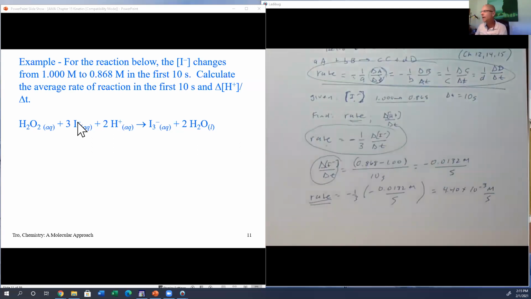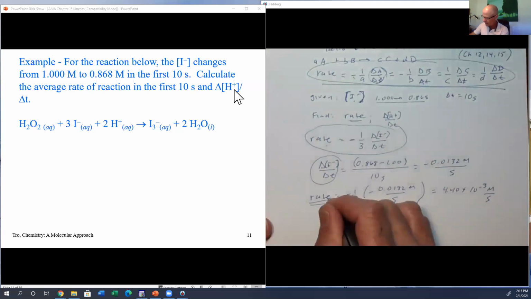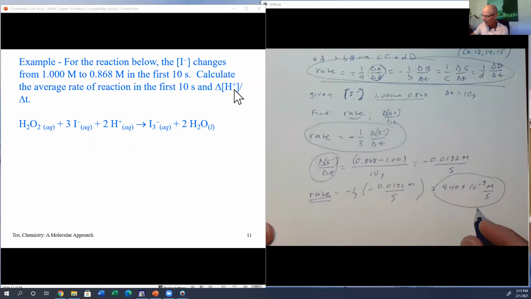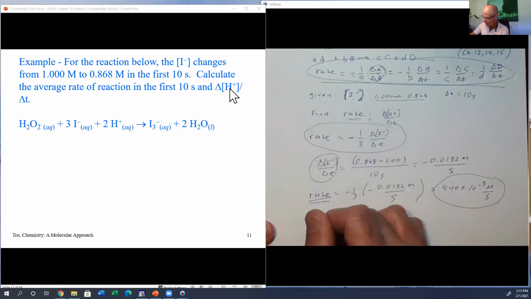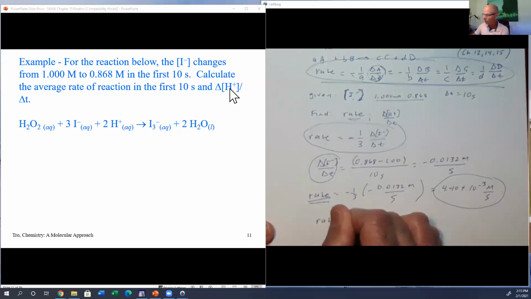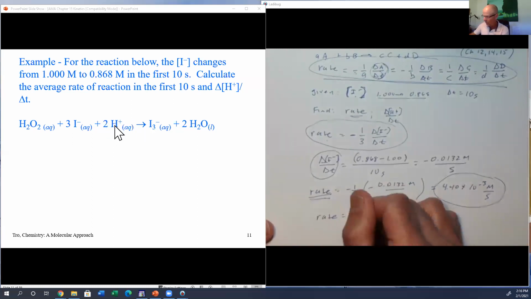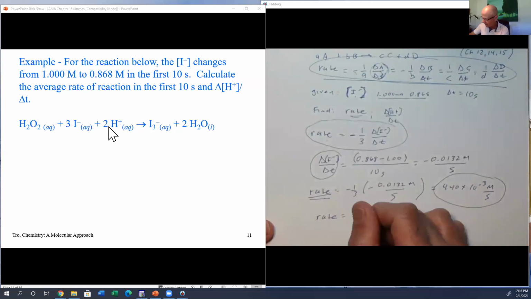The question has a second part. Now we want to calculate delta H plus delta T. We already know the rate, so let's find out how the rate depends on delta H plus delta T. We apply the definition again. If we define the rate of reaction with regard to H plus, first of all, this is a reactant, so it's negative. It has a 2 in front of it, so I have the 1/2.